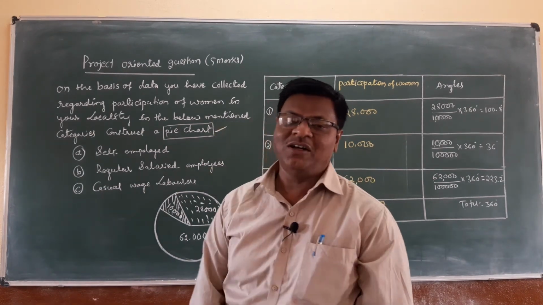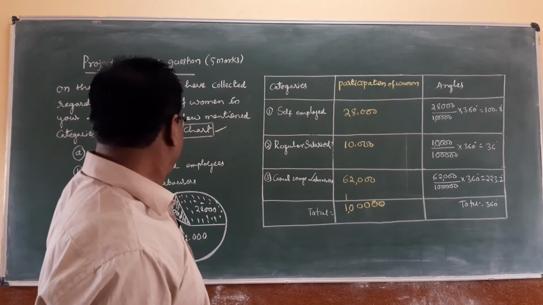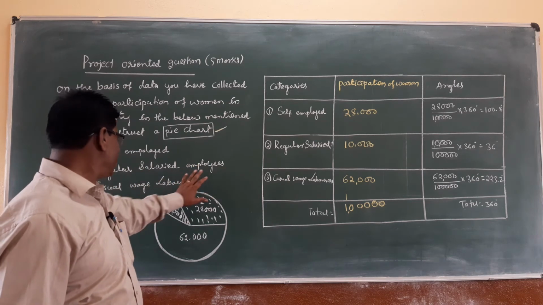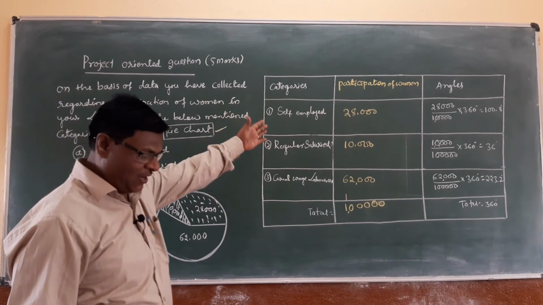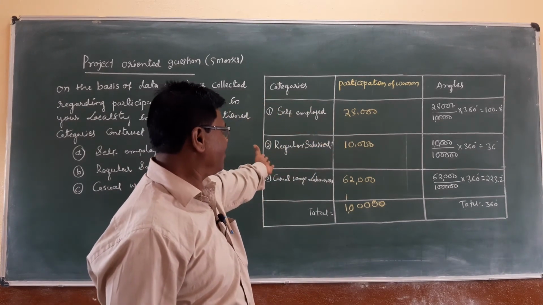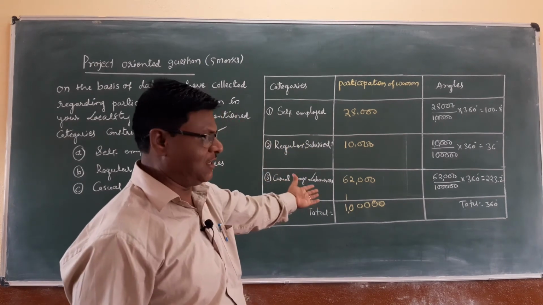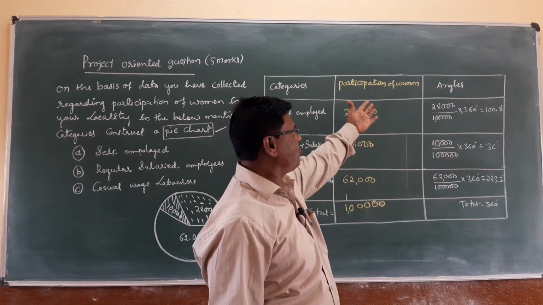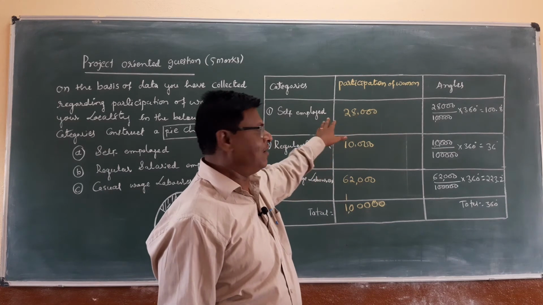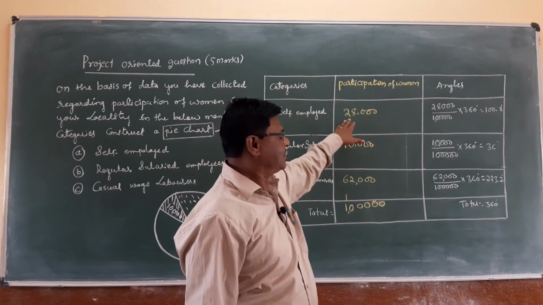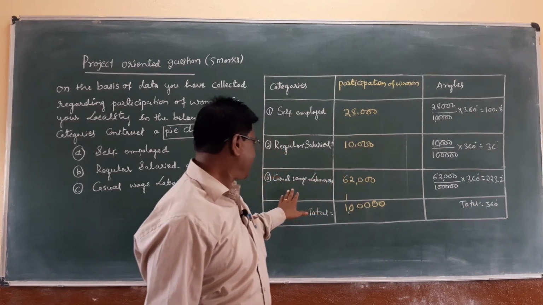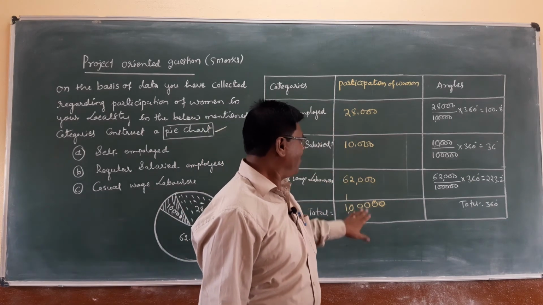So you have to learn how to collect the data. You have to categorize category wise: self-employed, regular salaried employees and casual wage laborers. You have to have 3 columns. One column is the categories, self-employed, regular salaried employees and casual wage laborers. The second column is participation of women, and the third column is angles. The data are 28,000, 10,000 and 62,000, total 1 lakh.